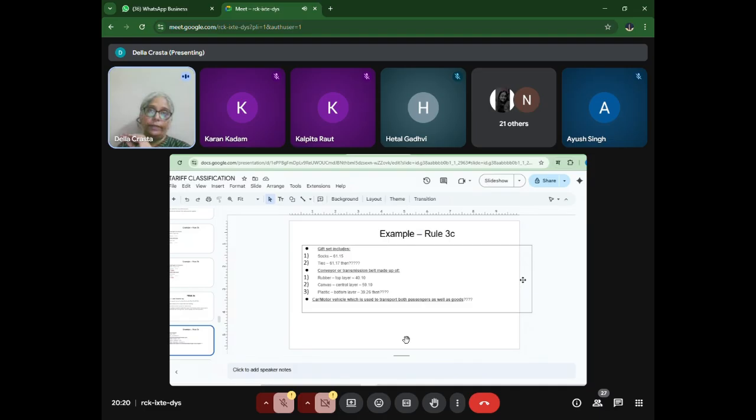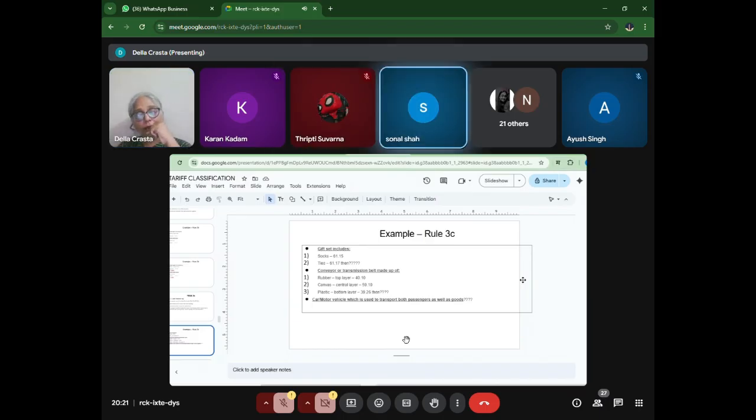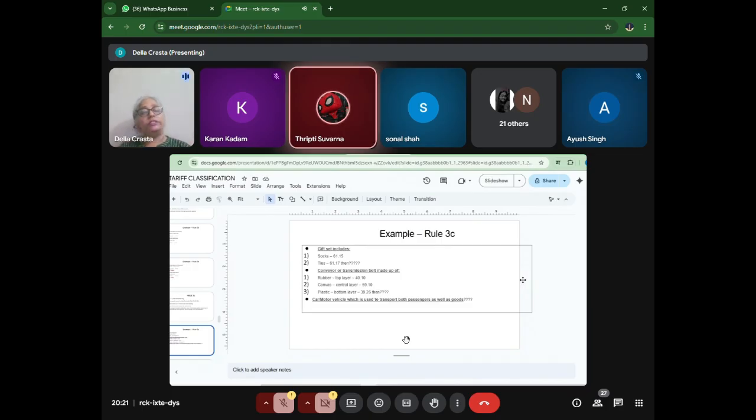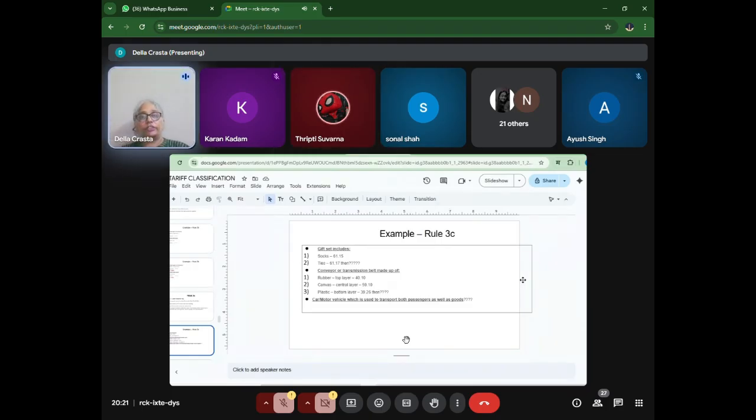Okay. Now, rule 2, there are two parts. What does rule 2a say? What is the condition in which the goods should be for rule 2a? Incomplete. Unfinished. And unassembled and disassembled. So what happens if the product is in that condition? What does rule 2a tell us to do? How to classify?